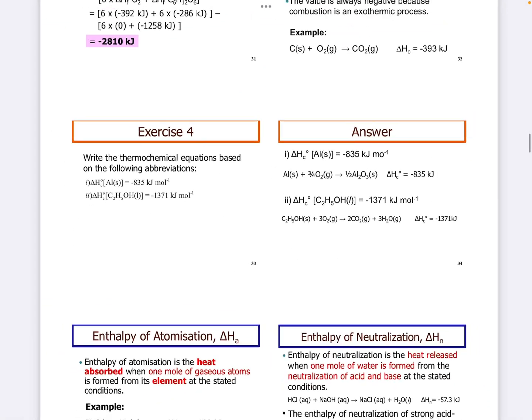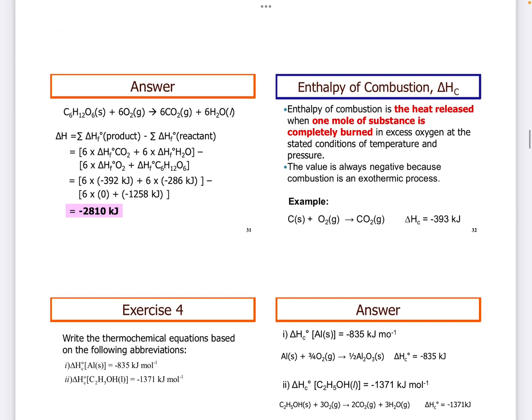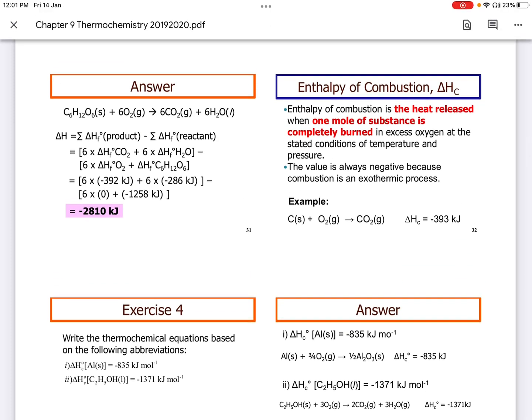Similarly, if I want to write the thermochemical equation, let's say for example for aluminium, this is how we write. Aluminium plus 3 over 4 O2 produces half Al2O3. The value is negative 835 kilojoule per mole and it is standard enthalpy of combustion. Meaning to say, ini definition kita boleh ubah jadi standard enthalpy of combustion juga.